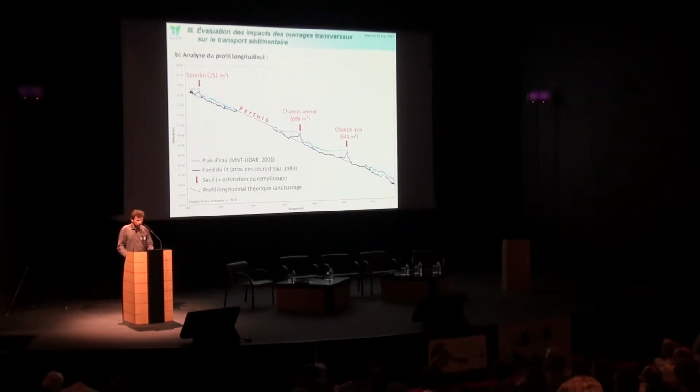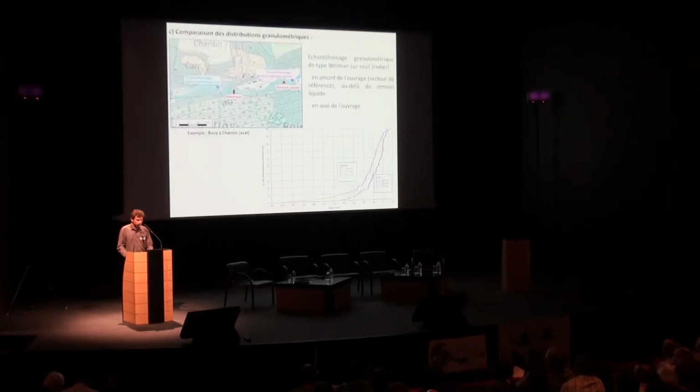You can see the 3 arrows representing the 3 barriers, and we could assess how much of the sediments is retained. That represents about 700 cubic meters in Chansin, upstream, which accumulated over several years. Just a few years. It is pretty fast.